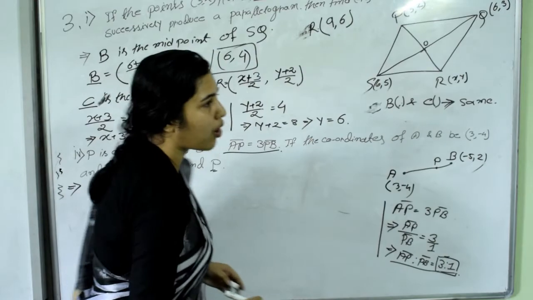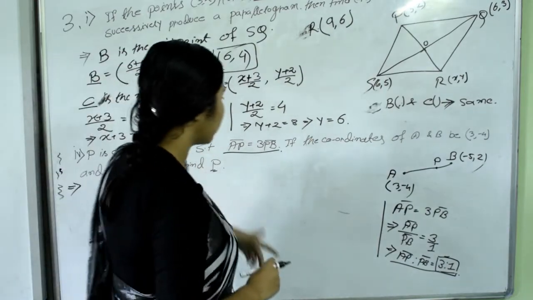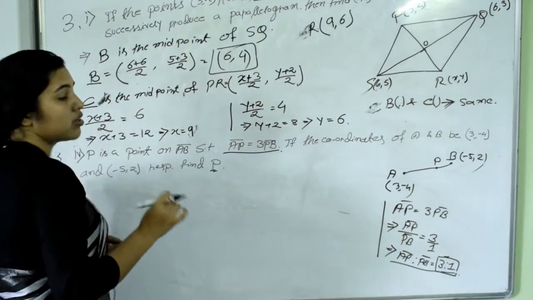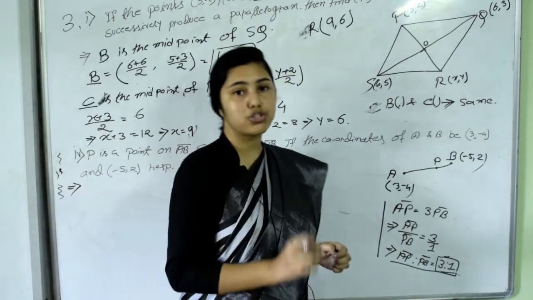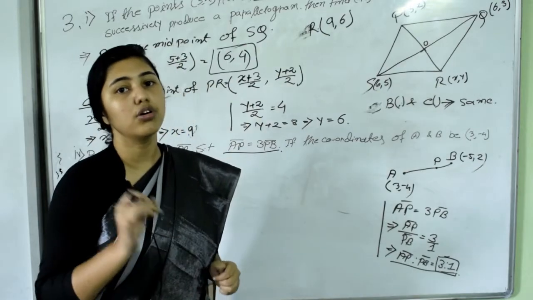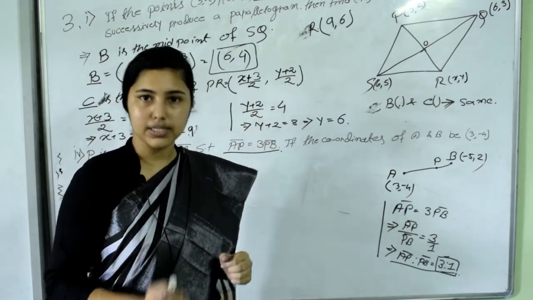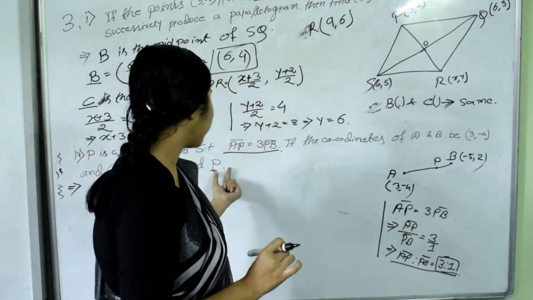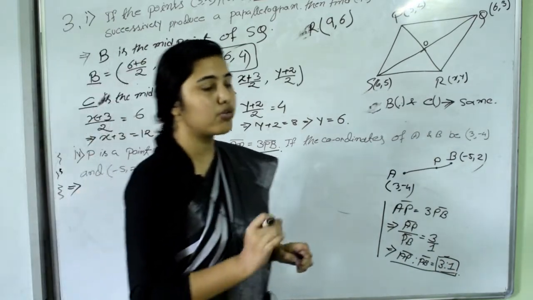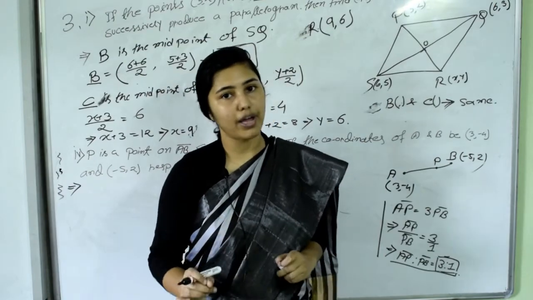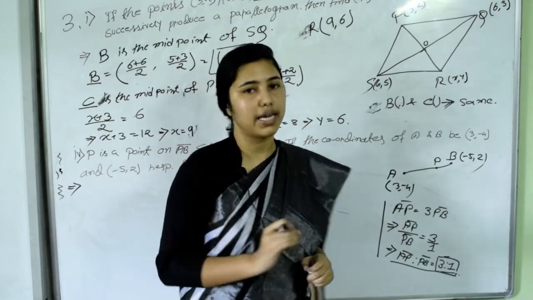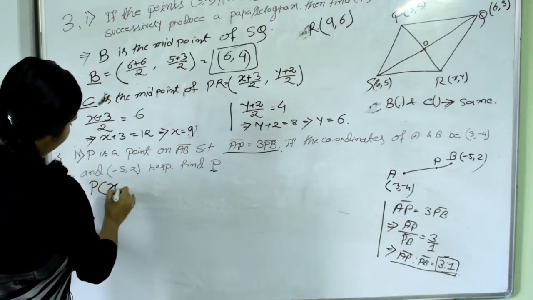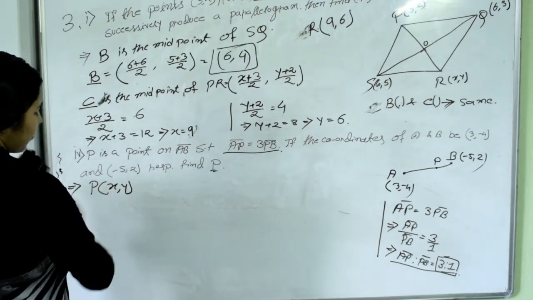Then by the section formula we can deduce the point P by applying the formula: x equals m into x2 plus n into x1 by m plus n, and the y ordinate of the point P is m into y2 plus n into y1 by m plus n.